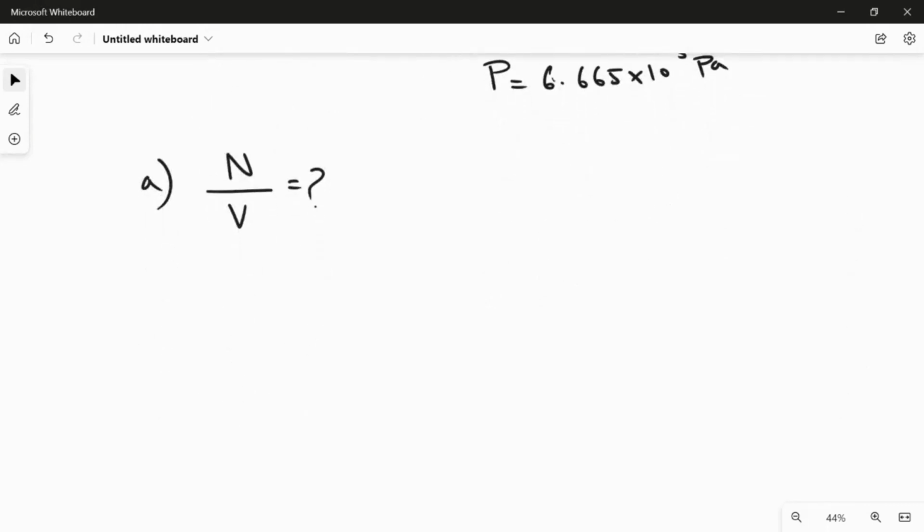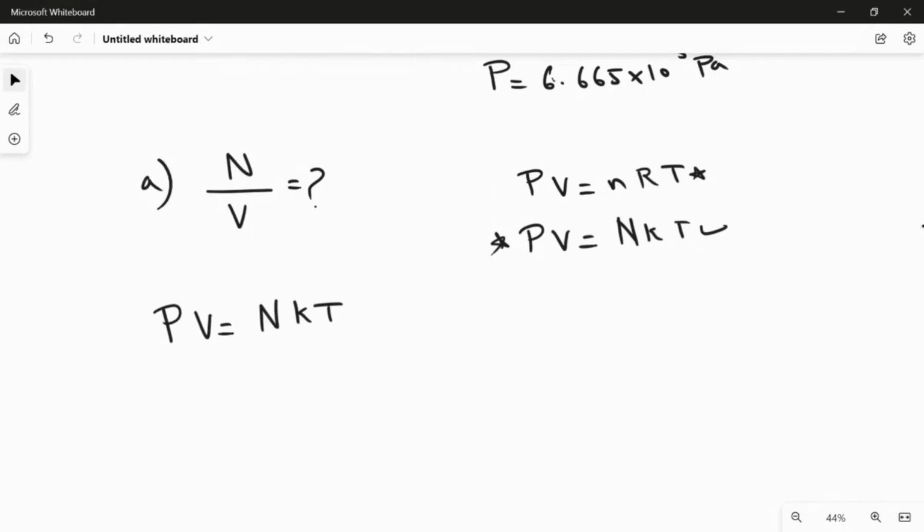We have two models of the ideal gas equation: one is PV equals nRT, and the second is PV equals NkT, which we got from the first one. Small n refers to the number of moles, but capital N refers to the number of molecules. So for this question, I'm going to use PV equals NkT.